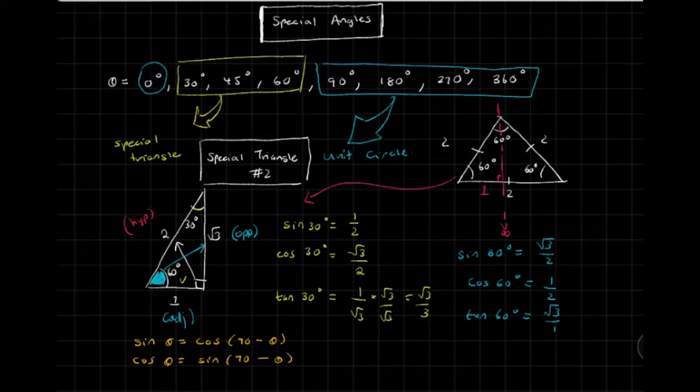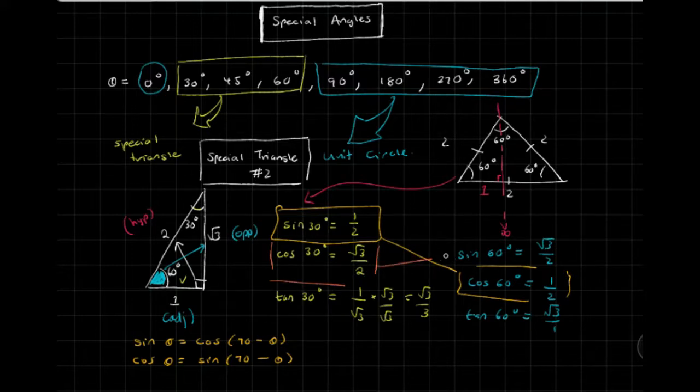And you can notice this by just comparing these two, right? If I compare sine 30 with cosine 60, they'll have the exact same value, right? But also if I compare cosine 30 with sine 60, you'll see that it has the same value as well, right? So this will work for all scenarios, right? And these are our values of our special triangle.